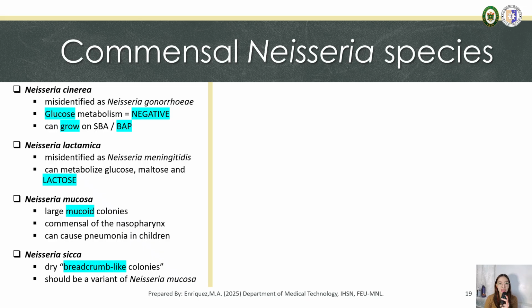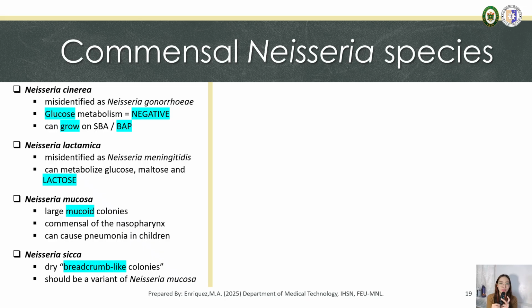Next, Neisseria lactamica can be misidentified as Neisseria meningitidis because of its similar colony morphology, although Neisseria lactamica is slightly smaller and has the ability to grow on selective media. Although Neisseria lactamica also utilizes glucose and maltose, it could also utilize lactose.